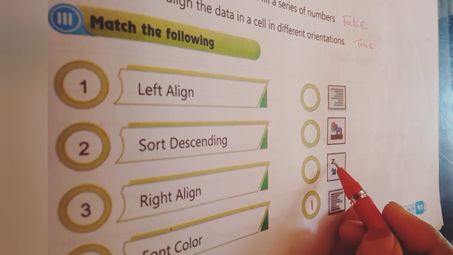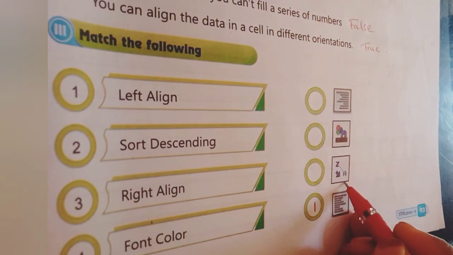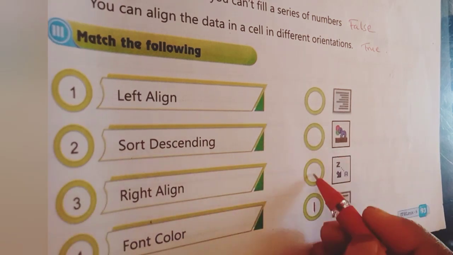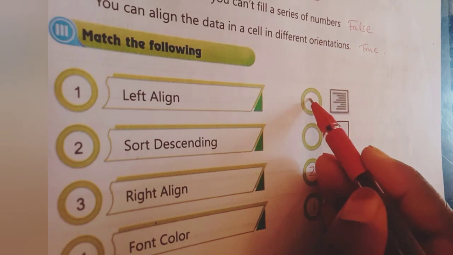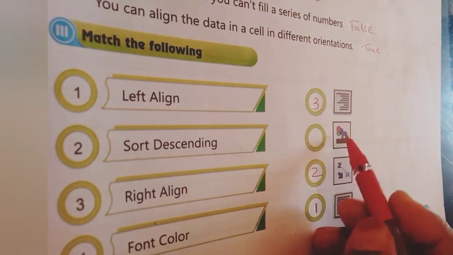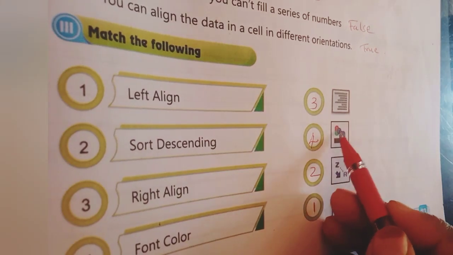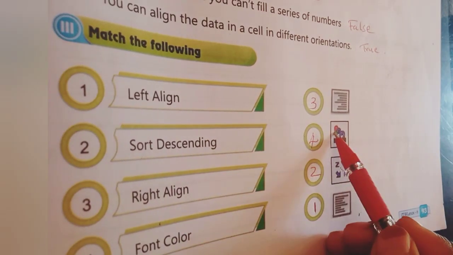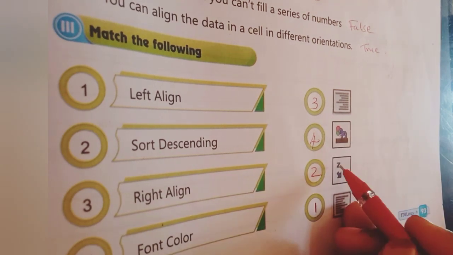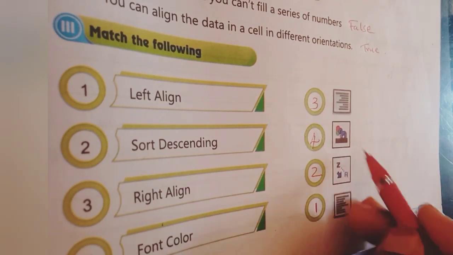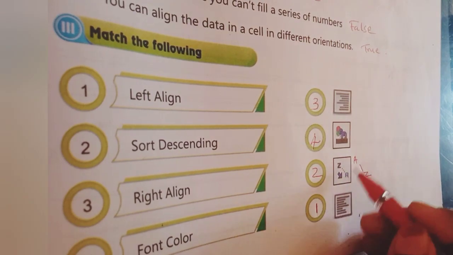Descending order means Z to A. Ascending order is A to Z. So this is descending, Z to A. Right alignment, this is right alignment. Font color is this one. Color is given, RGB is given here, so you should understand it is about color. So sorting in descending order, otherwise it will be A to Z, that is ascending order.